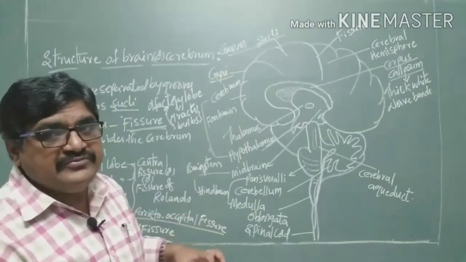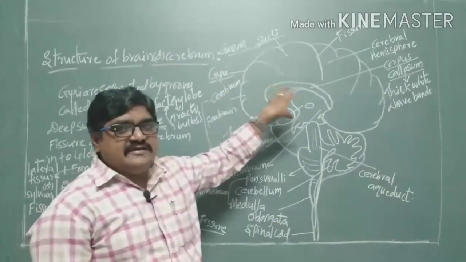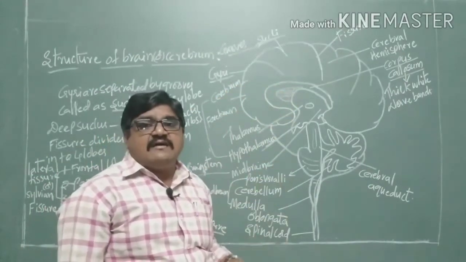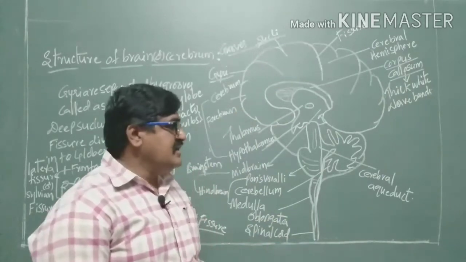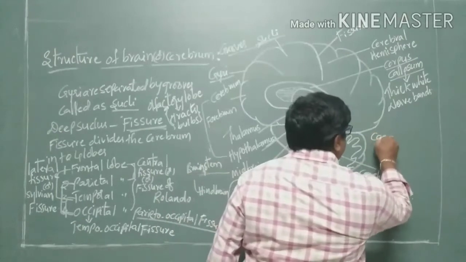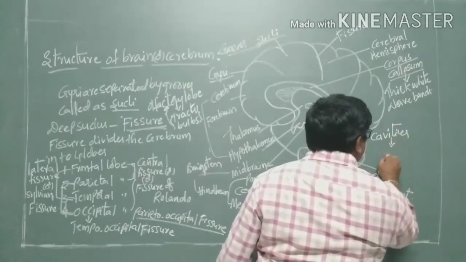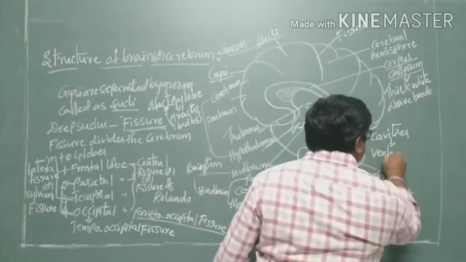And also, inside the cerebrum, cavities are present. The cavities present in the brain we call the ventricles.